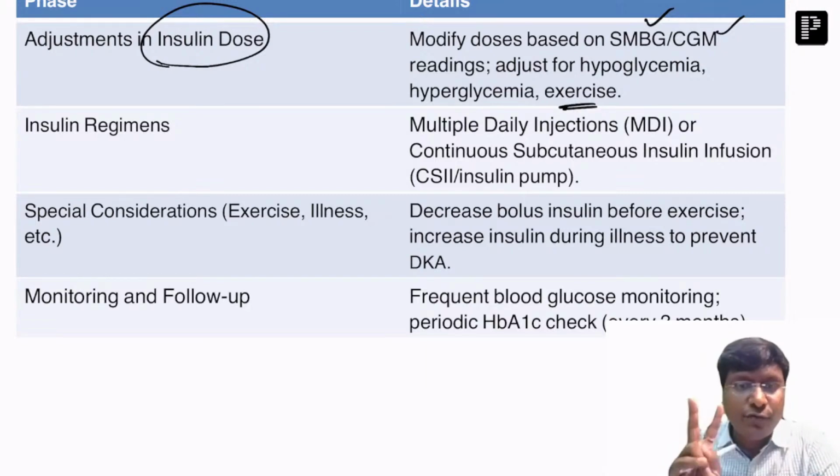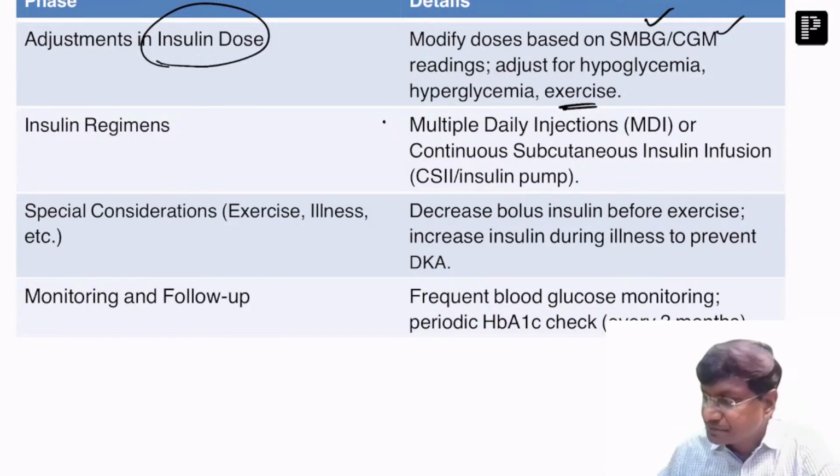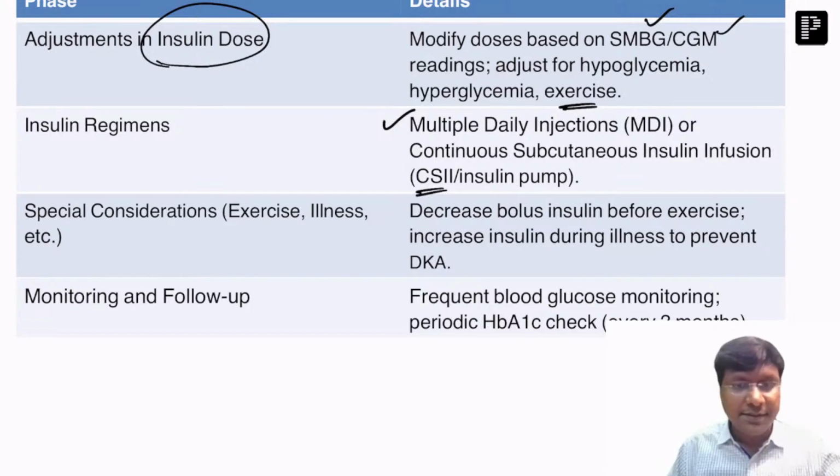So now you have two forms of insulin regimens. What are these two forms of insulin regimens? One is multiple daily injections. The other one is continuous subcutaneous insulin infusion. That is called CSII, right? Continuous subcutaneous insulin infusion.